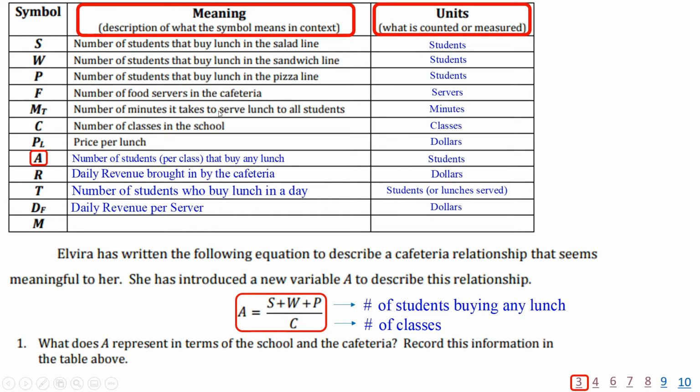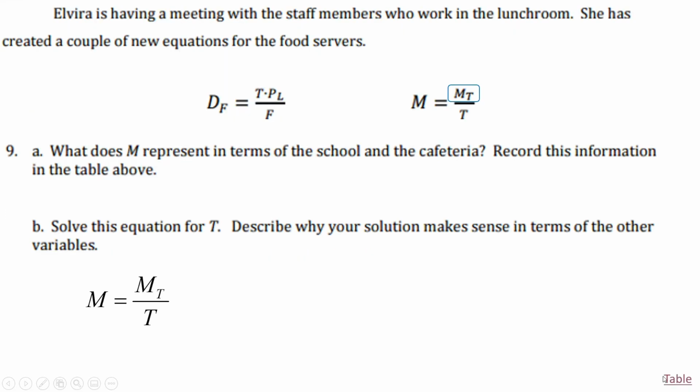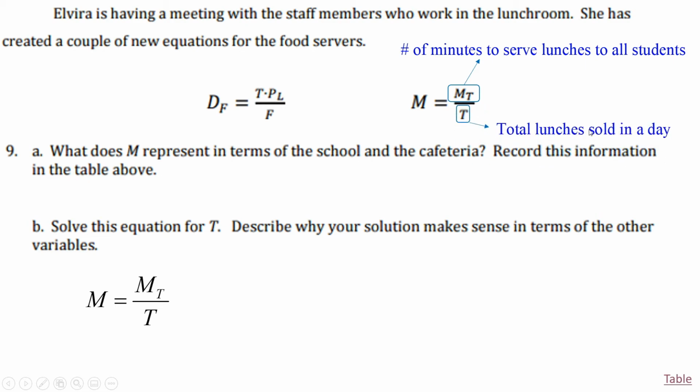The number of minutes it takes to serve lunch to all students. What was that, 9 or 10? Yeah, 9. Number of minutes to serve lunches to all students. And then wasn't T the total number of students who buy any lunch? So total lunches sold in a day. Okay, so let's think about this.